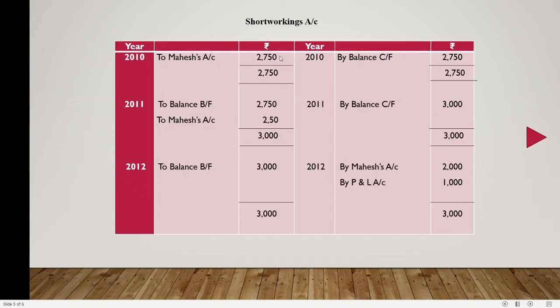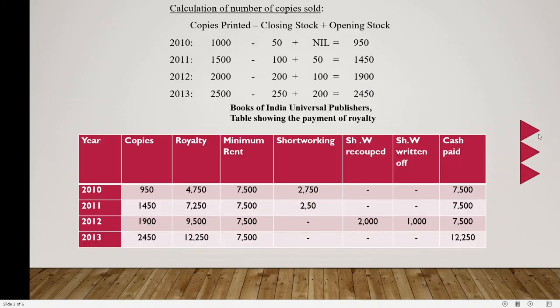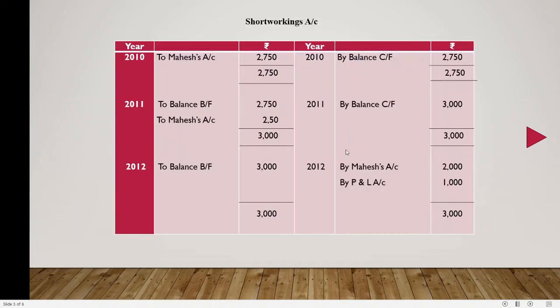There is short working during 2010, 2,750, total 2,750, by balance carried down 2,750, to balance brought down 2,750. Next year, short working 250 is there. So to Mahesh account 250, total 3,000, by balance carried down 3,000, to balance brought down 3,000.